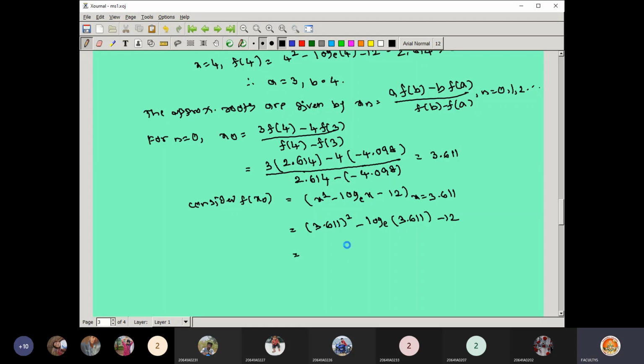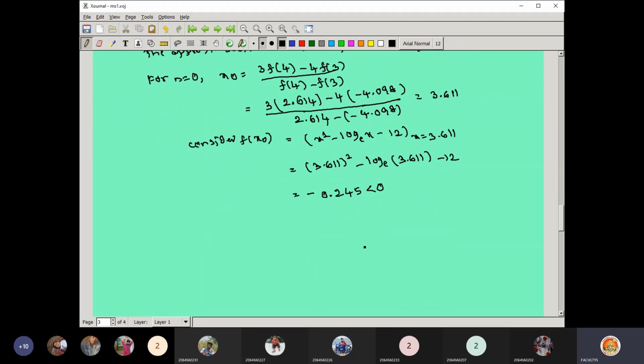Use the calculator, the ln button. The answer is about 3.6 minus 0.245, minus 0.245. So you are getting less than 0.